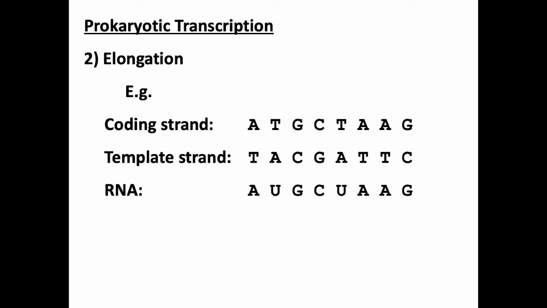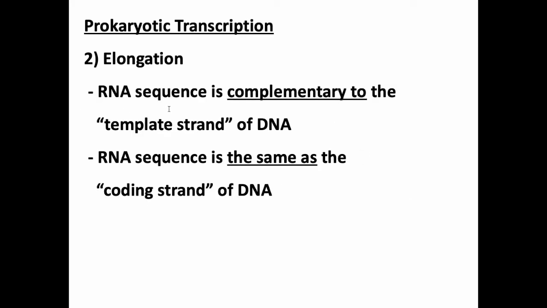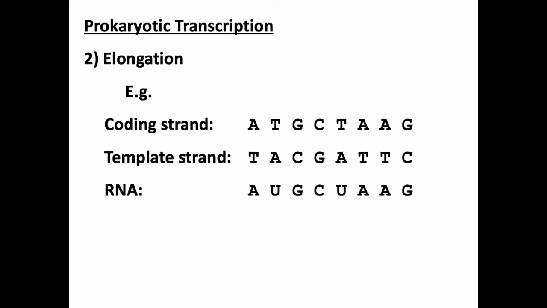So what about the RNA? Well, as I said, the RNA sequence that we build is going to be complementary to the template strand. So reading the template, again, it's called a template. It's what we read. It's what's used. T in the template is going to pair with A in the RNA. A in the template is going to partner with U in the RNA.